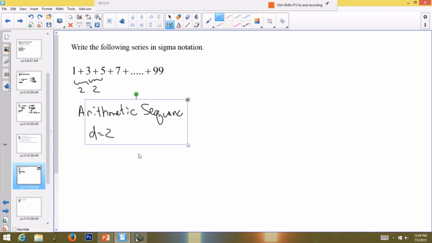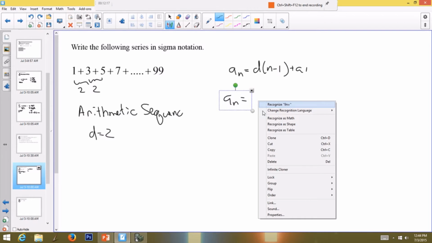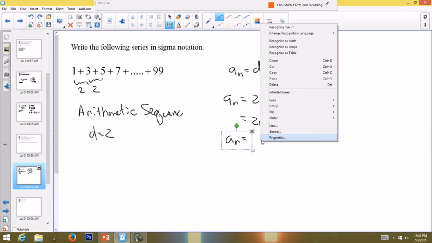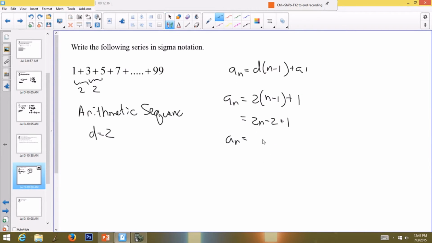So I'm going to use that equation, and you can look back if you want, pause, but I know it. It's a sub n equals d times n minus 1 plus a sub 1. And we already know the common difference we said was 2. I get n minus 1, and then my first term was 1. So 2n minus 2 plus 1 gives me an a sub n of 2n minus 1. This is my equation.